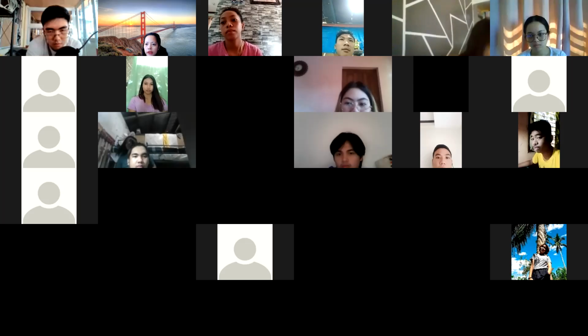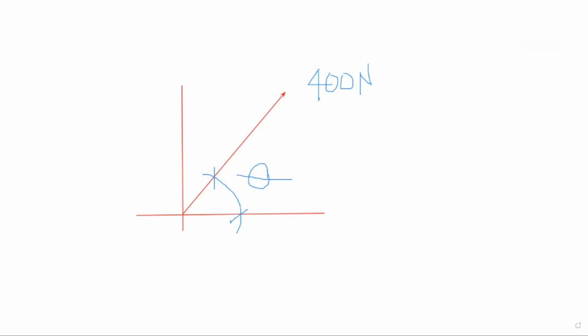So when you say components, let me stop my sharing here first so I can share with you my whiteboard screen first. This 400 Newton would have its vertical component and also horizontal components.